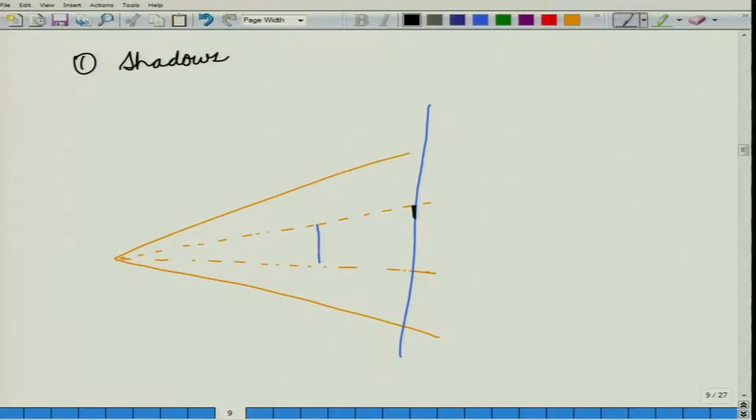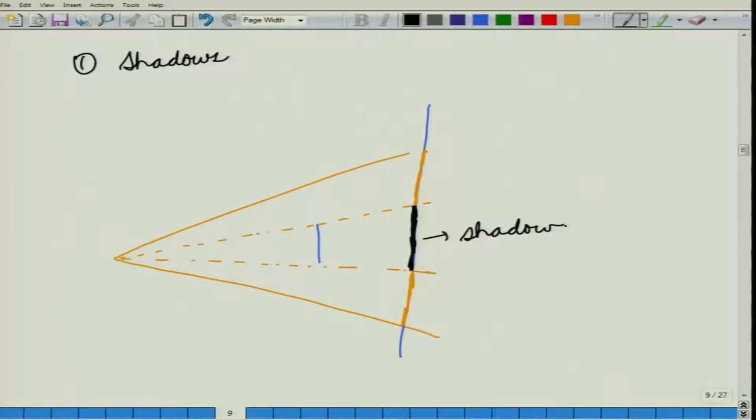This region would be black in color because it is not receiving any light from the source, whereas the top and the bottom portions would be illuminated. So, here we have a shadow.